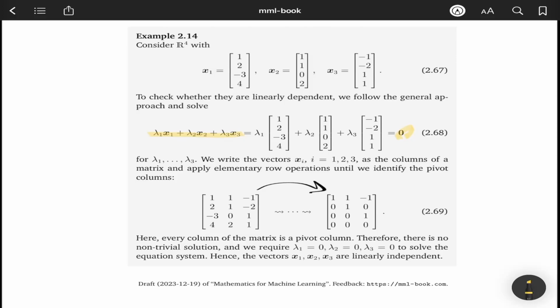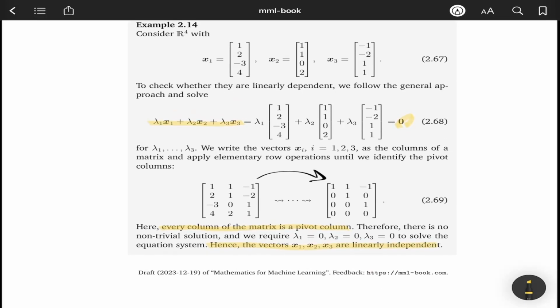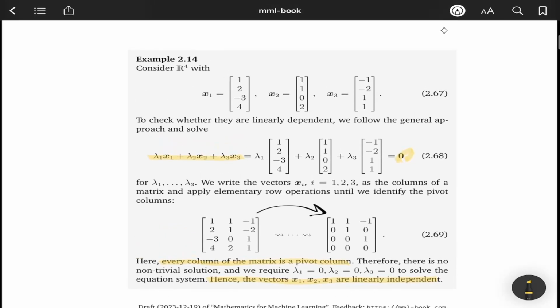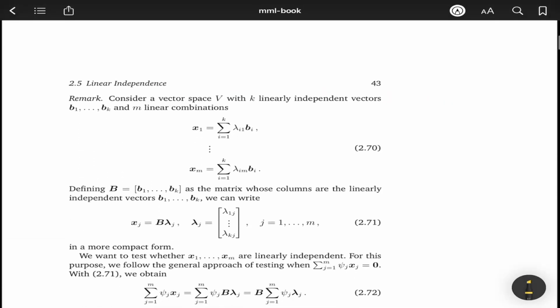And we can see that every column is a pivot column. So there's no solution in solving this except setting lambda to 0. And they conclude that the vectors must be linearly independent. That's quite an easy way to check if the vectors are independent or not.